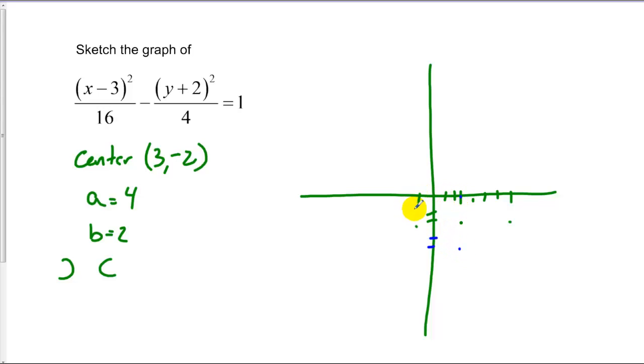And then what I need to do is create a little rectangle going through the endpoints of the vertices and the co-vertices. From here, I go through my center and through the corners of that rectangle and create these asymptotes.